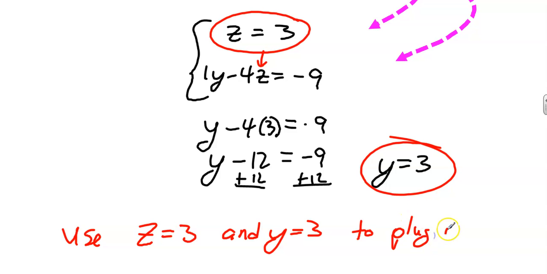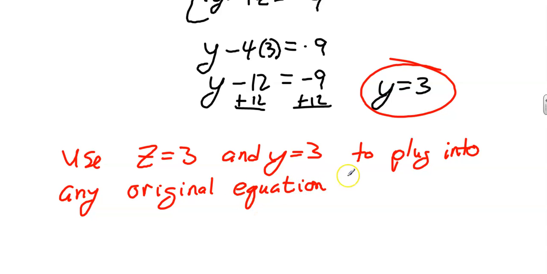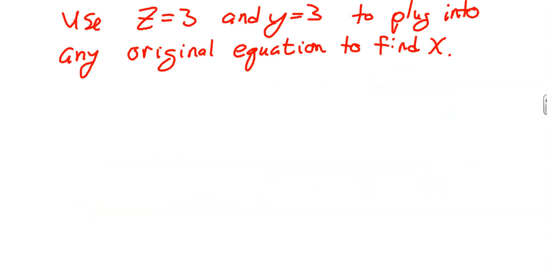And we're going to take those 2 values and plug those into any of the originals to find out what x is. Okay, and again, it doesn't matter which one you pick. They're all pretty straightforward, pretty easy.